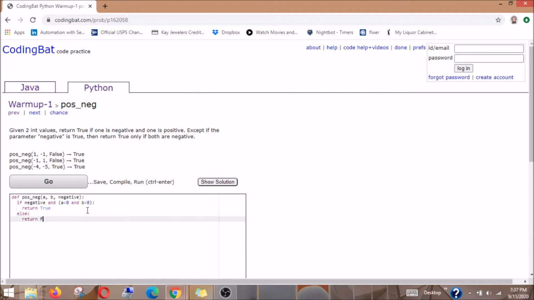So let's take first thing first. If one of them is negative, so suppose a is greater than 0 and b is less than 0, or a is less than 0 and b is greater than 0, return true.